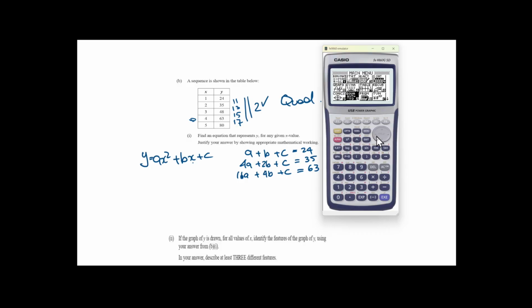And I'm going to be very, very lazy, and I'm just going to use the calculator. 3 unknowns: 1a, 1b, 1c, 24, and 4a, 2b, 1c, 35. Now 16a, 4b, 1c, 63.